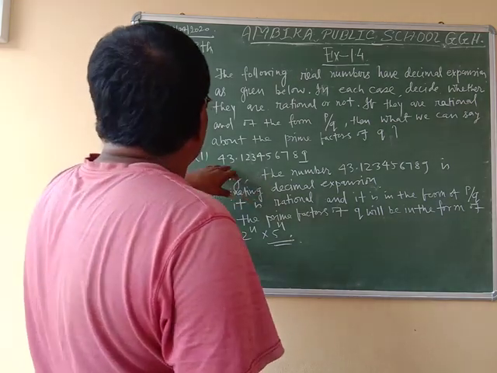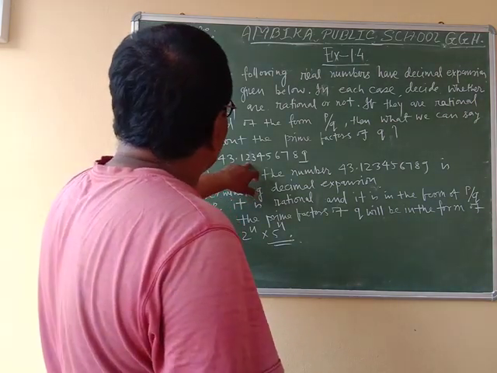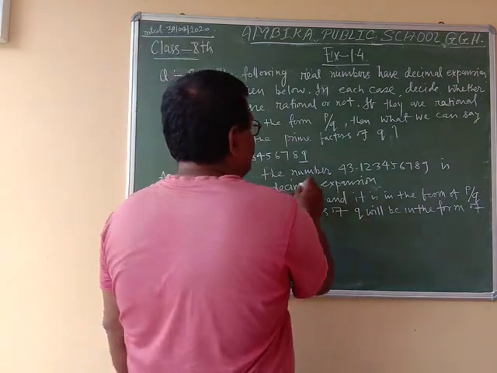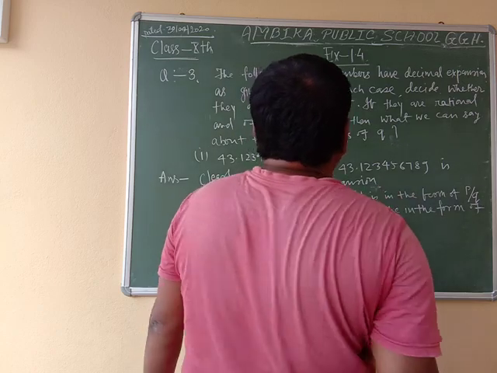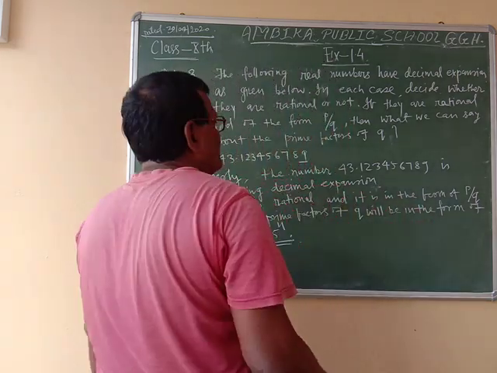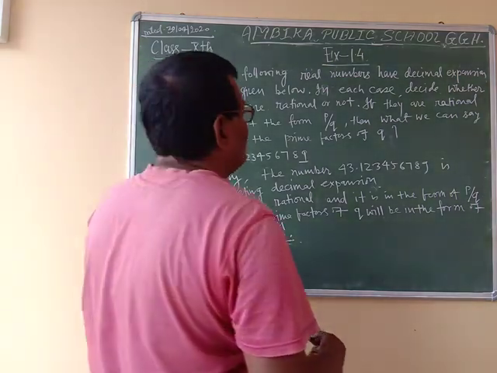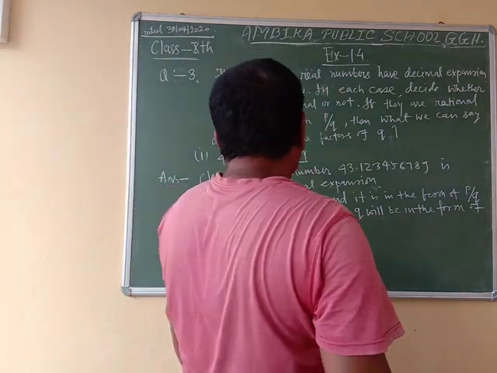Clearly the number 43.123456789 is a terminating decimal expansion, because this number terminates after some time.